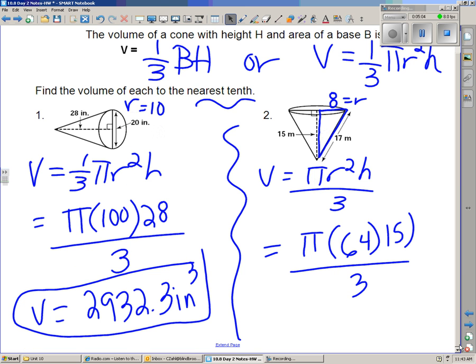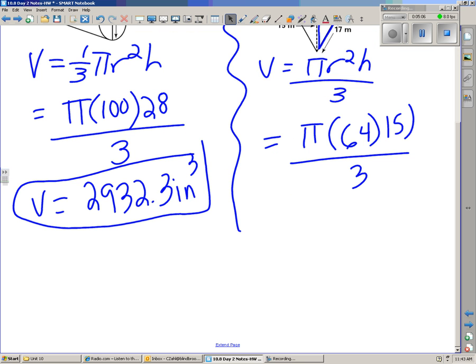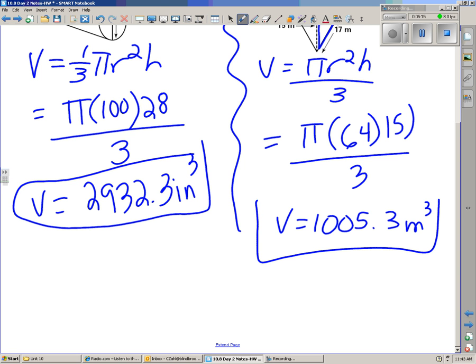And then on the calculator, your volume ends up being 1005.3, and then it's meters cubed. Okay? So you're really just plugging everything into a formula. Pythagorean theorem if you need to.